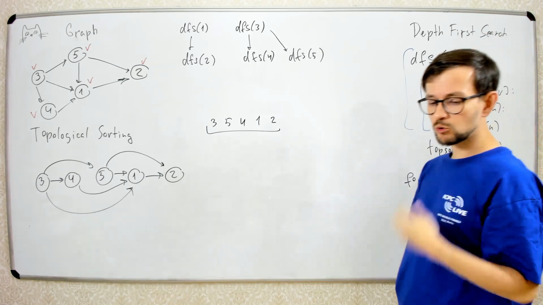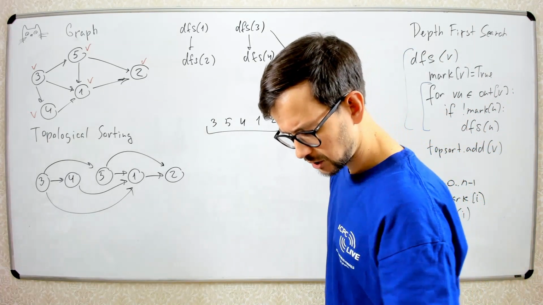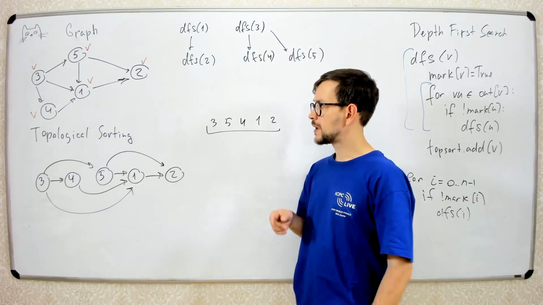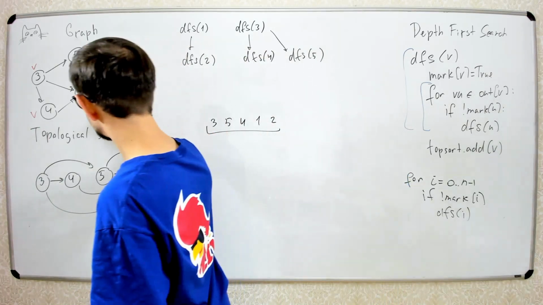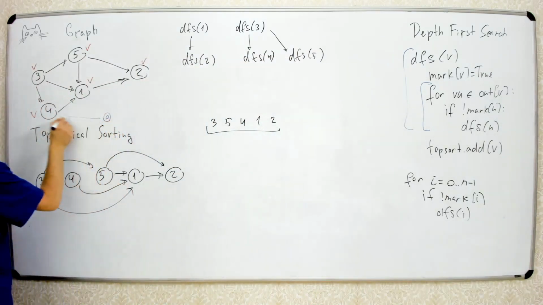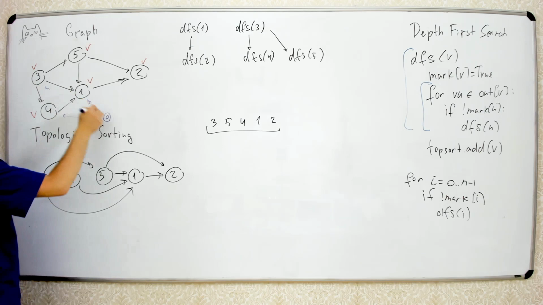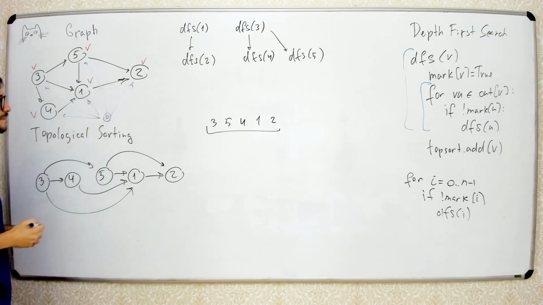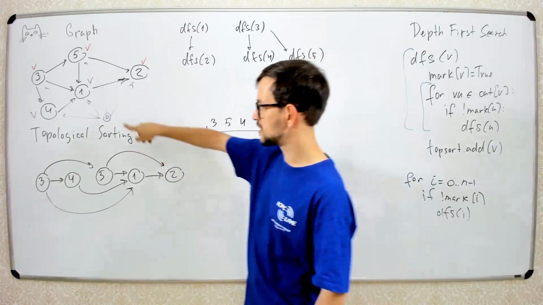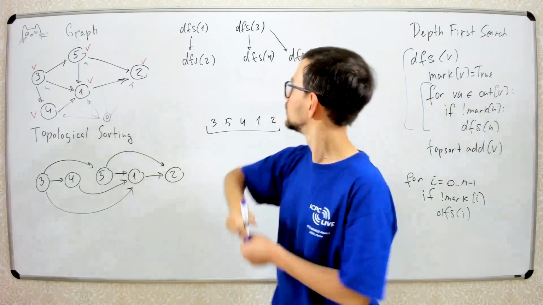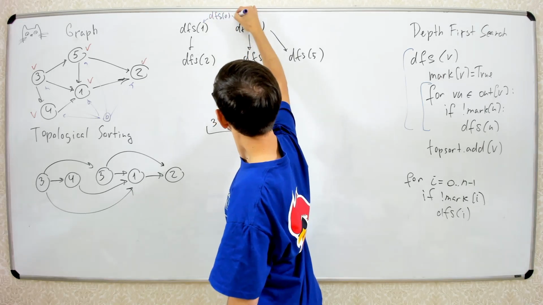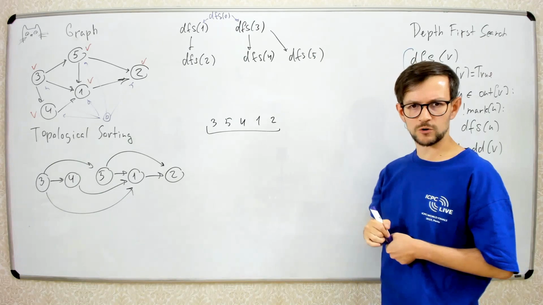Actually, what you can do, if you just want to run one DFS, you may add another node here, some node 0, and just connect this node to all nodes of your graph, like this. And then you can just run DFS from this node 0, and it will automatically run all your DFSs.